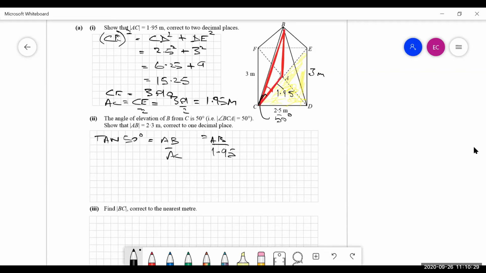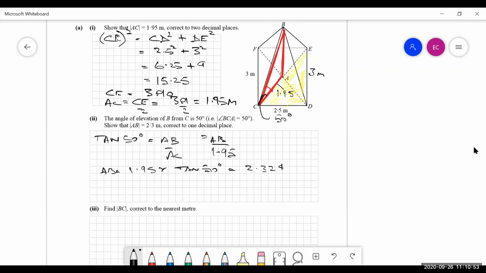So working that out, AB equals 1.95 multiplied by the tan of 50 degrees. And that equals 2.324.